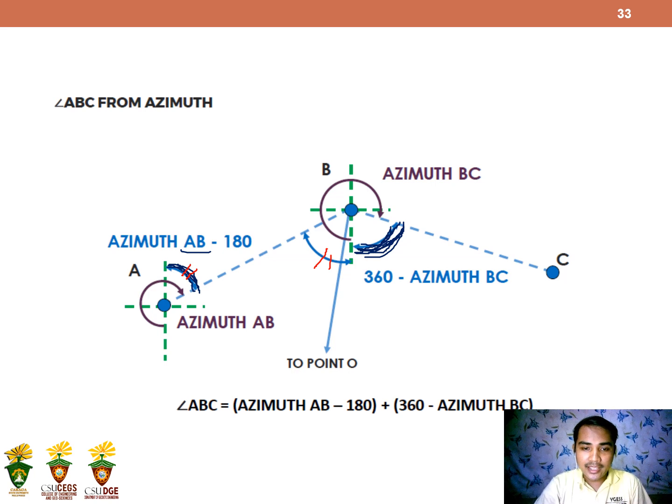Now to have the triangle ABC kaning tanan, pagkuha na niya is the azimuth AB minus 180 degrees, which is equal to this one, plus 360 minus azimuth BC, which is also equal to this one. Pag ato na siyang i-add, we can now have this angle ABC. So nga na pagkuha sa angle ABC. Example only, if given na we have these two azimuth. But again, it depends on the problem na kung unsay ihatag nga given.